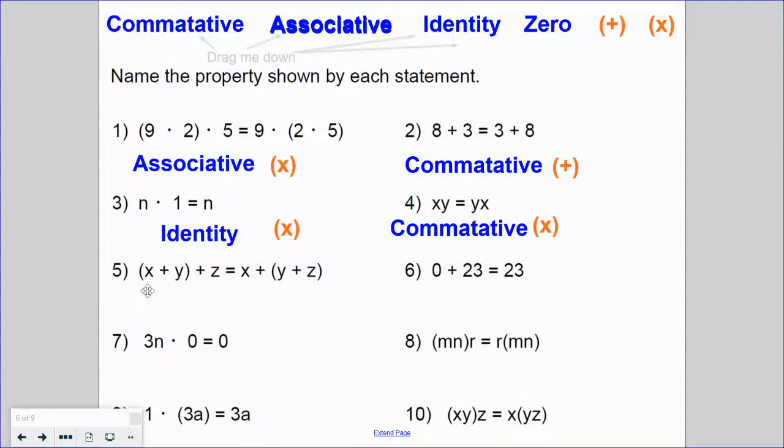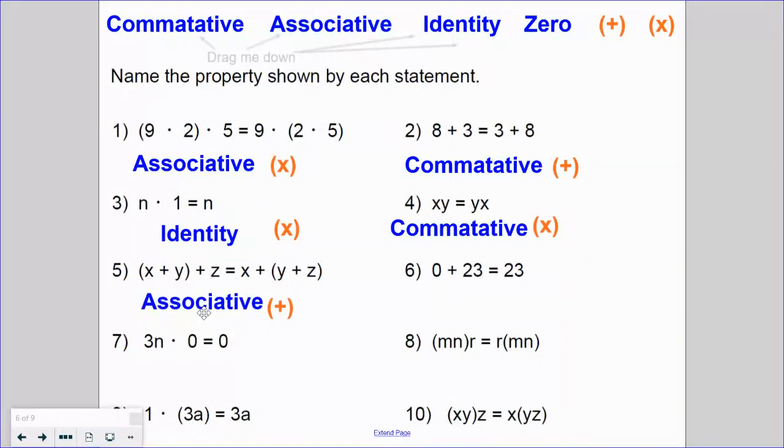All right, number 5, x plus y in parentheses, so you want the sum of x and y plus z equals x plus the sum of y and z. So it's addition. But what do we notice? There's parentheses. And we have one that goes with parentheses.